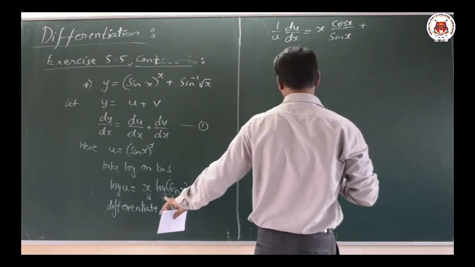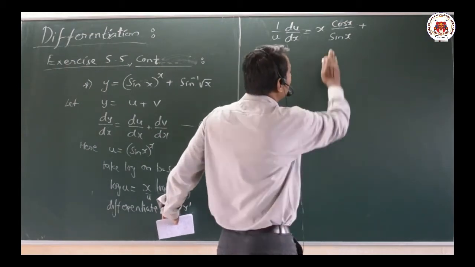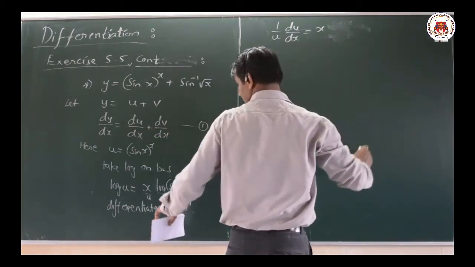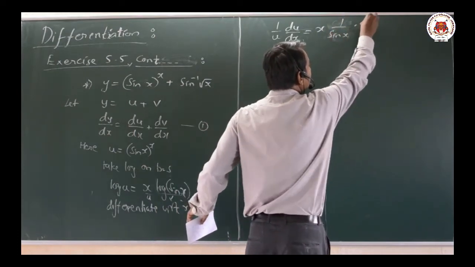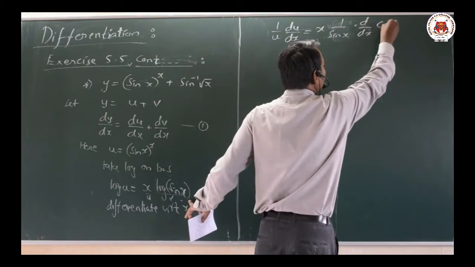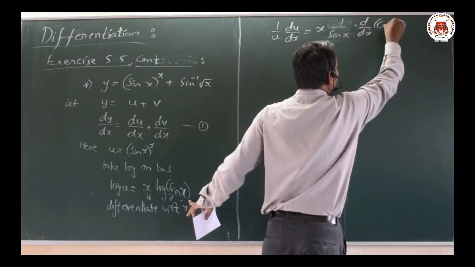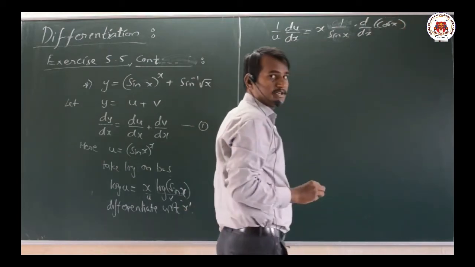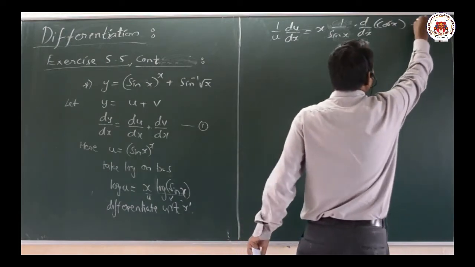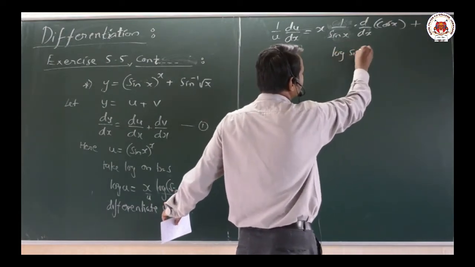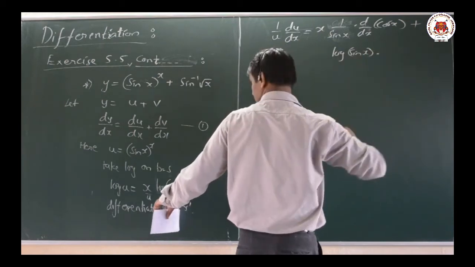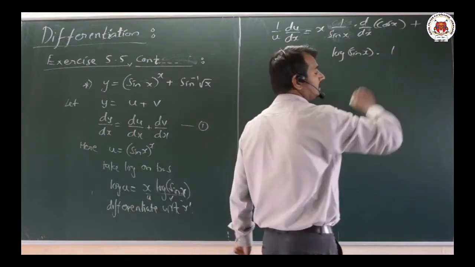This is nothing but composition of function, or chain rule: differentiation of log of sin x will be 1 divided by sin x into further d by dx of sin x.